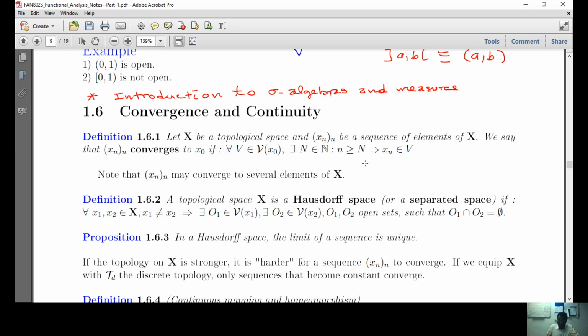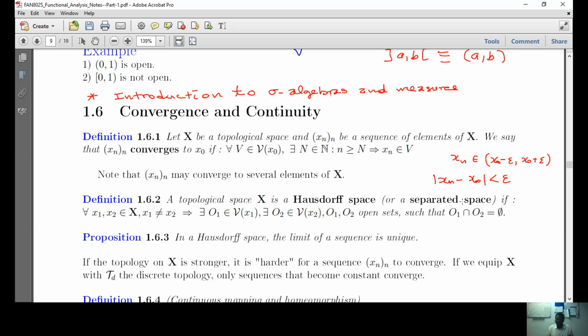for R, I would say xn belongs to this neighborhood, that is (x0 minus epsilon, x0 plus epsilon), like this. But what is the meaning of this? If I rewrite this, it just means that |xn minus x0| is less than epsilon.